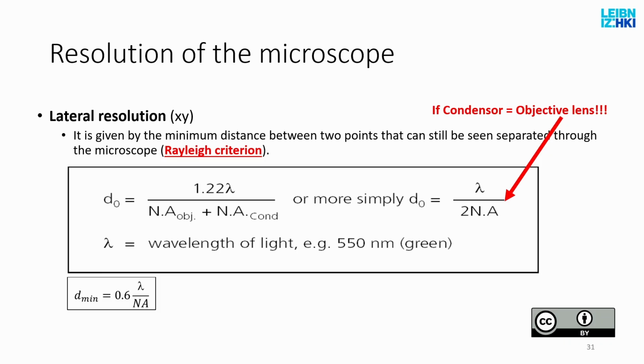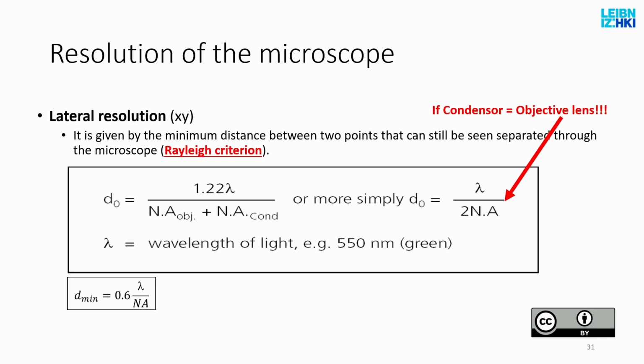This has a very important consequence for practical microscopy. Optimally, this value and that value should both be very, very high. Practically, this is not going to happen because condenser lenses are usually of lower quality, lower magnification, and much lower NA than the objective.